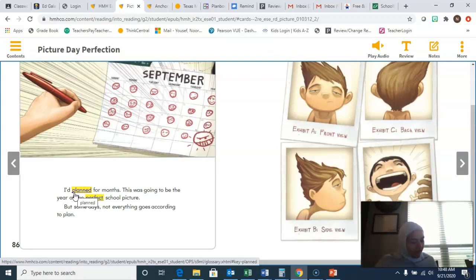Why do you think the author chose this person to tell the story? Maybe to share the character's thoughts and feelings about what's happening, right? All right. What does the main character want to do? He wants to take the perfect school picture, so he's planned it out, right?